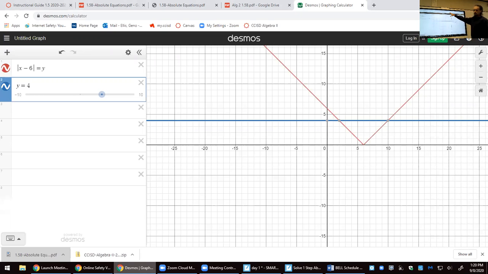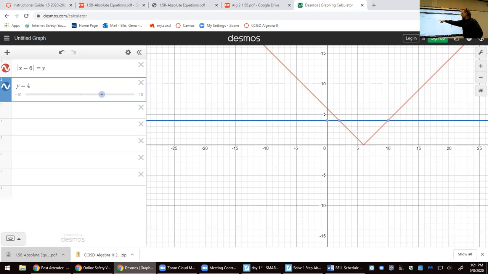If you want to use decimals to check your answers, it's a little bit weird. You would take the absolute value part and put that in, right? But instead of putting the answer, instead of putting 4, call that y. And that'll give you this red line here. And then we just say what we want y to be. So in our case, we needed it to equal 4.